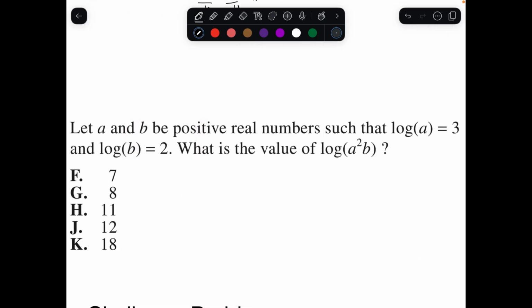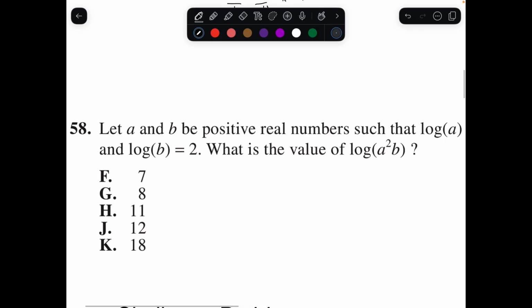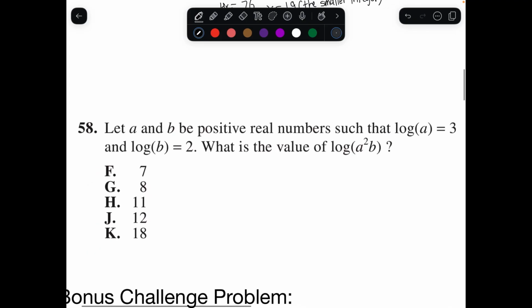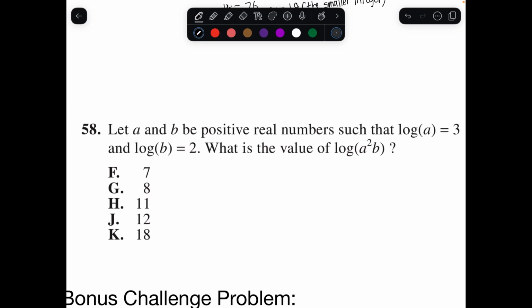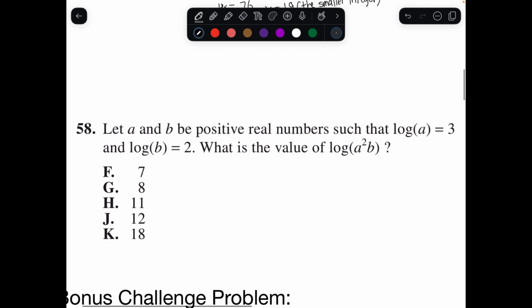All right, on to question 58. Question 58 says, let a and b be positive real numbers such that log of a equals 3 and log of b equals 2. What is the value of log of a squared b? For this, you need to know two log properties.